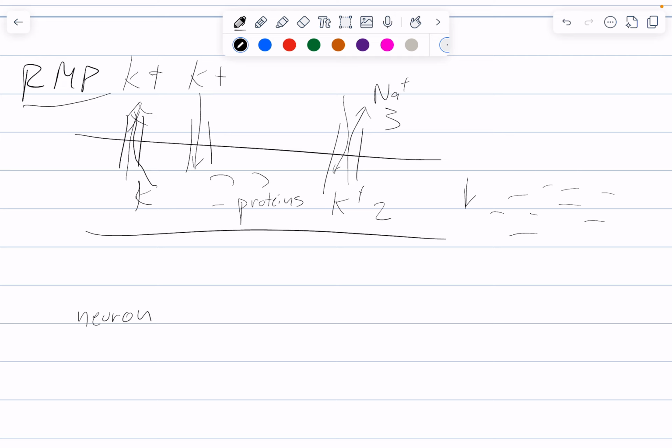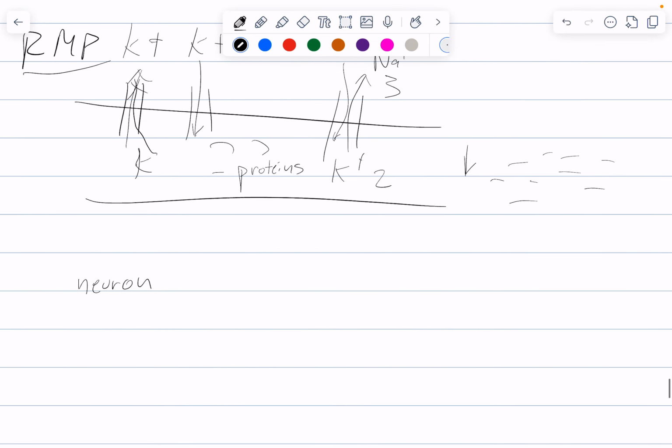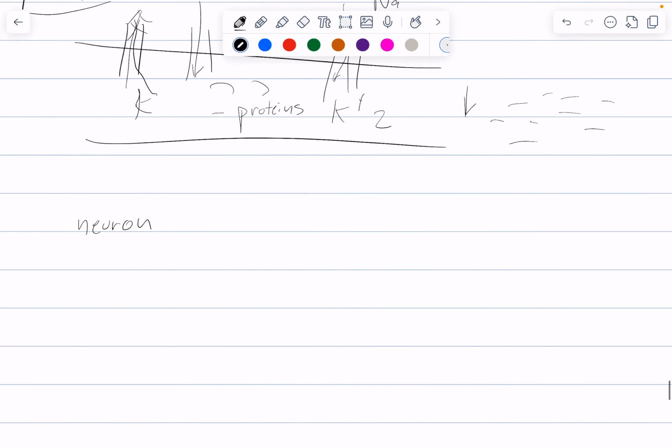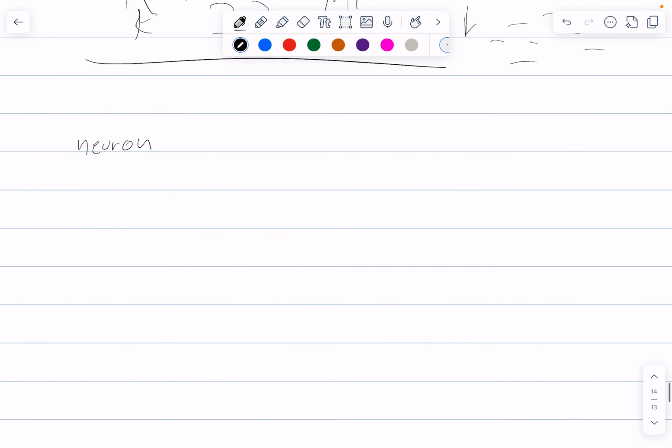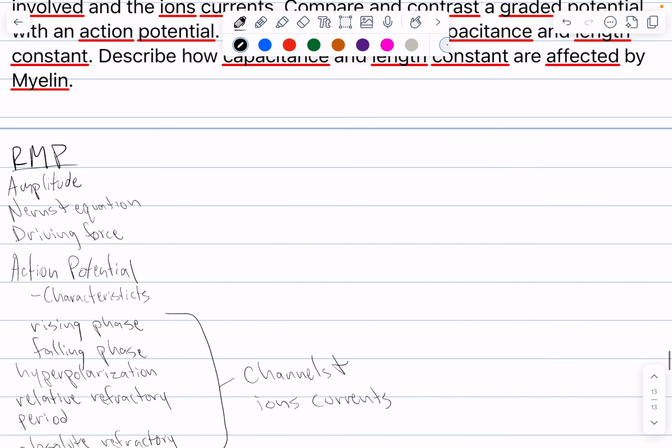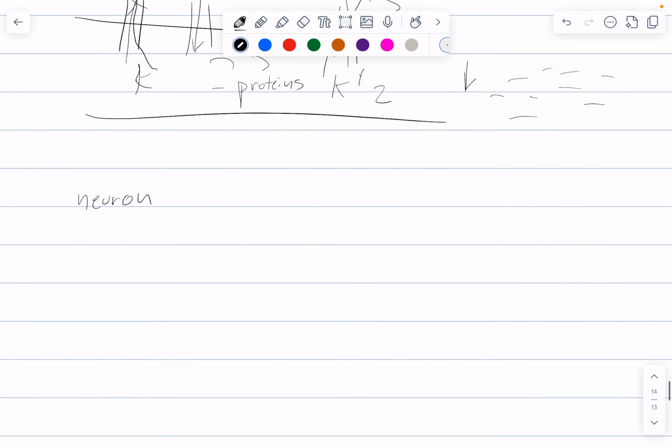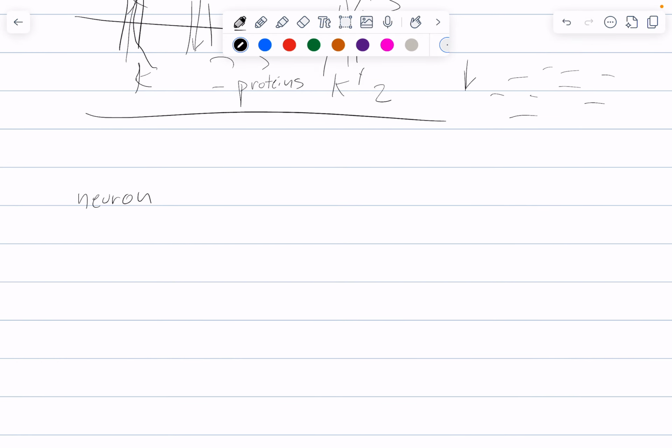There are also some other things as well. We've got voltage gated sodium channels, and we've also got voltage gated potassium channels.